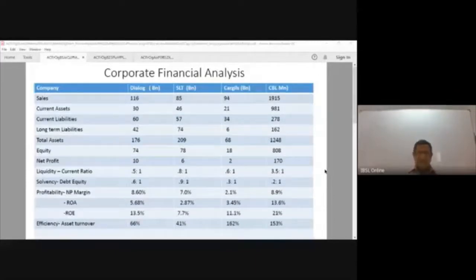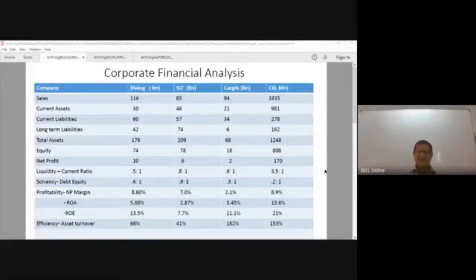Now, solvency is about the stability of the institution, and generally the stability is measured by way of debt equity. How much contribution the shareholders have made against the borrowing.